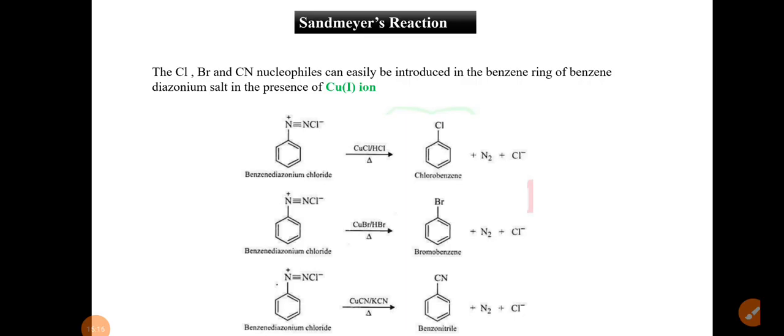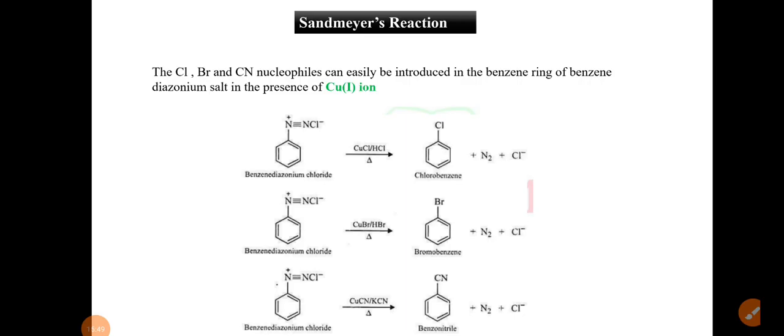What is the oxidation state of copper in the Sandmeyer reaction? That is 1, right? Copper(I), not copper iodide. Please remember, this is the copper ion only, and 1 is the oxidation state of the copper. Similarly, benzene diazonium chloride in the presence of CuCl gives chlorobenzene, with CuBr you get bromobenzene, and with CuCN you get benzonitrile or cyanobenzene.